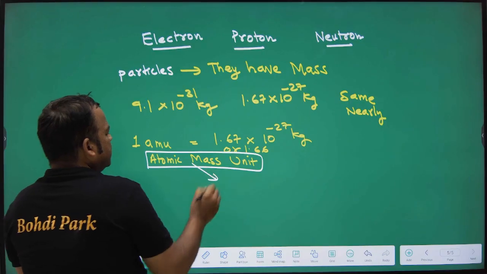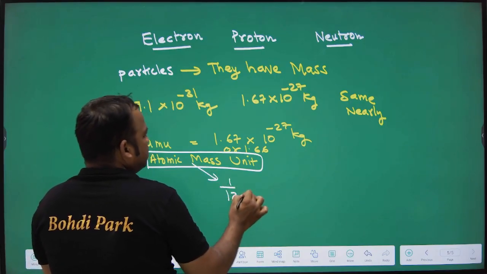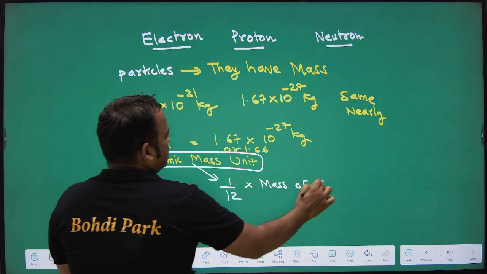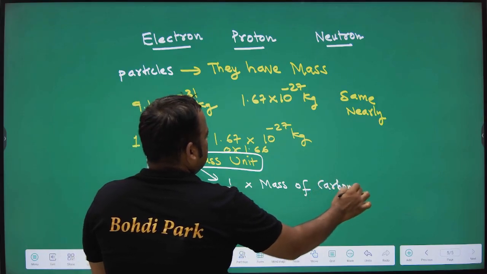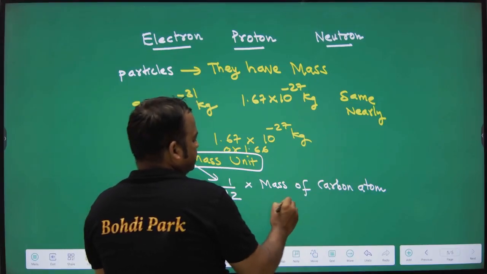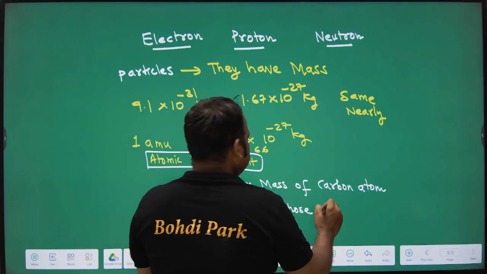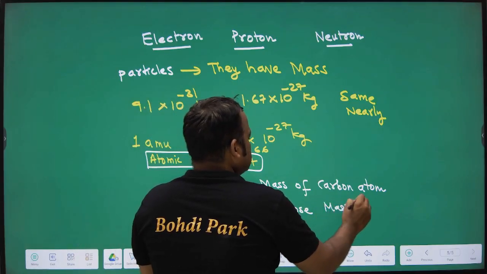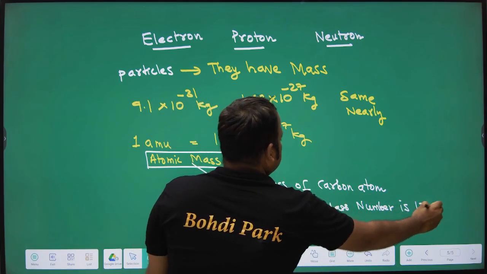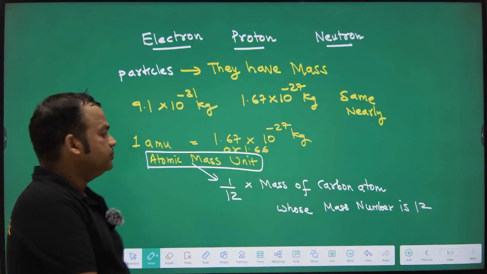In short, you can just remember atomic mass unit as 1 by 12 times the mass of a carbon atom whose mass number is 12.